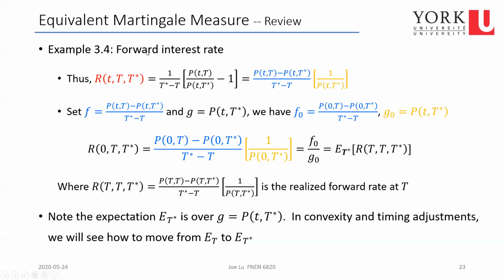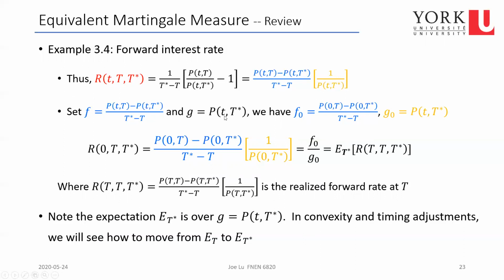So here is just a review. You should go back and look at what a forward rate is, which we talked about earlier in lecture 3, and how a forward rate is related to the martingale approach.